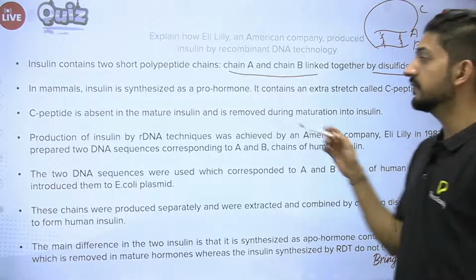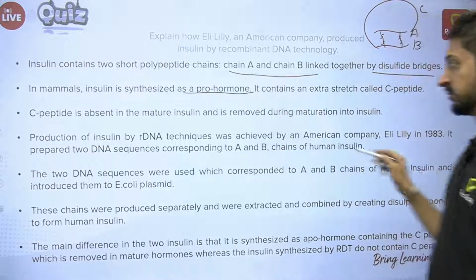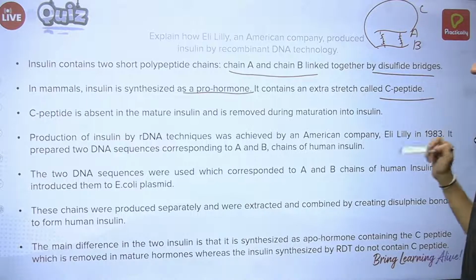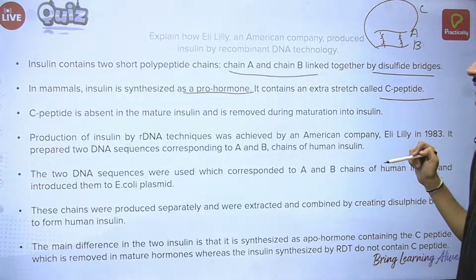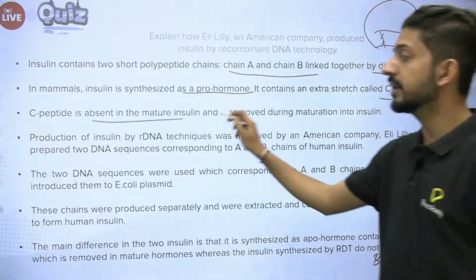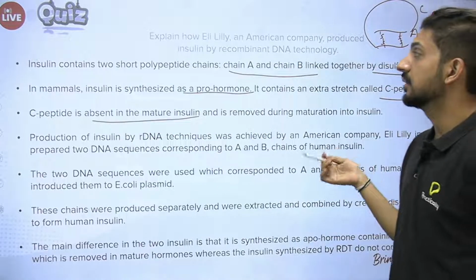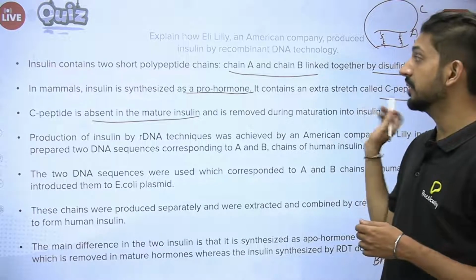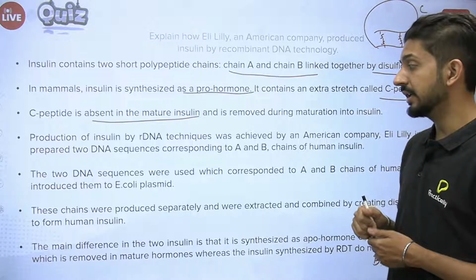So insulin was earlier synthesized as a prohormone, which has an extra stretch of C peptide. C peptide is absent in the mature insulin. So Eli Lilly took an approach in which they prepared the A polypeptide separately and the B separately.